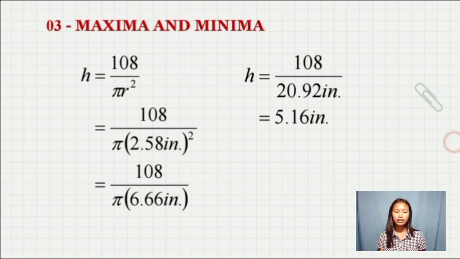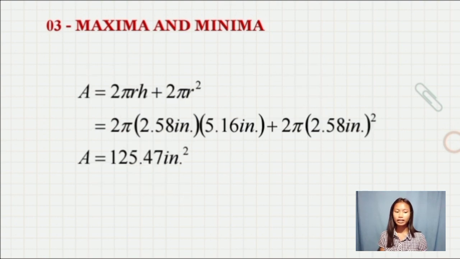Substituting the r which we already solved, it will become 108 over pi multiplied by 2.58 inches squared. Multiplying 2.58 inches by itself, it will become 6.66 inches. Multiplying the pi and 6.66 inches, we will get 5.16 inches.